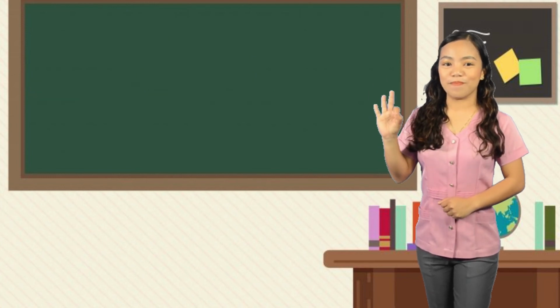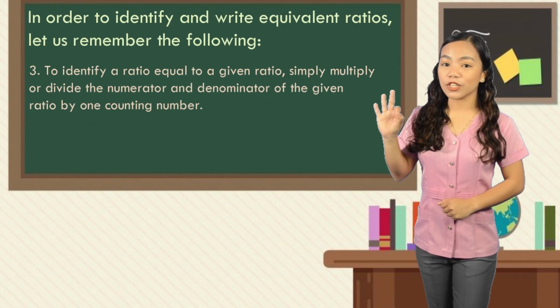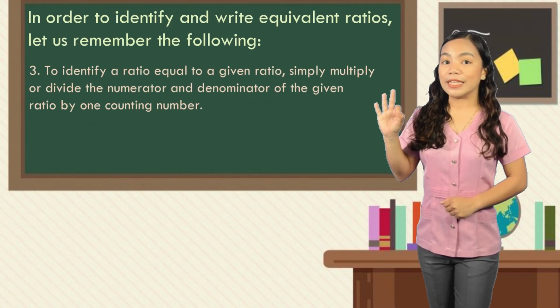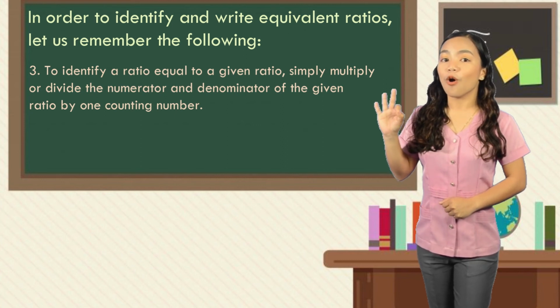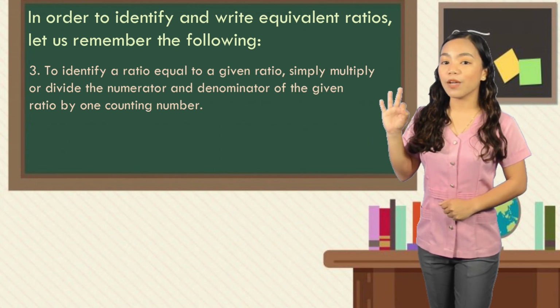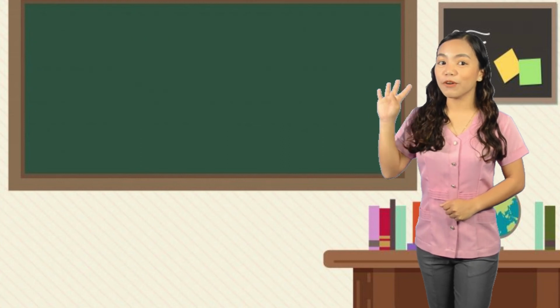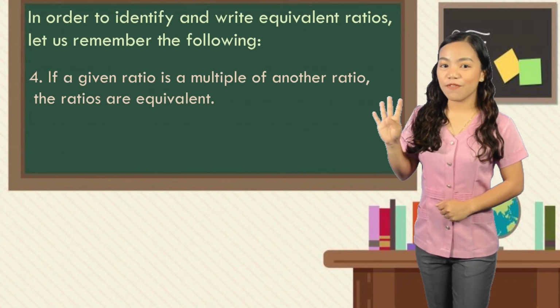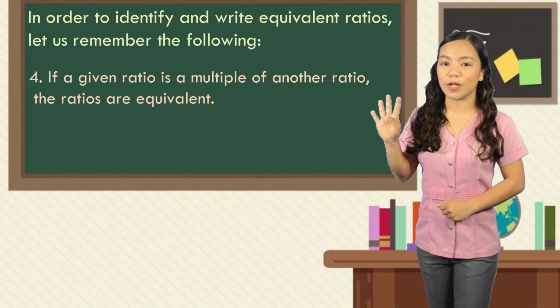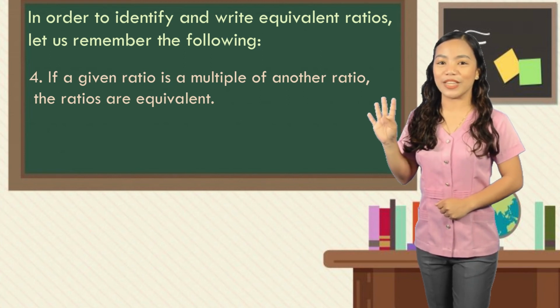Number 3. To identify a ratio equal to a given ratio, simply multiply or divide the numerator and the denominator of the given ratio by one counting number. And finally, number 4. If a given ratio is a multiple of another ratio, the ratios are equivalent.